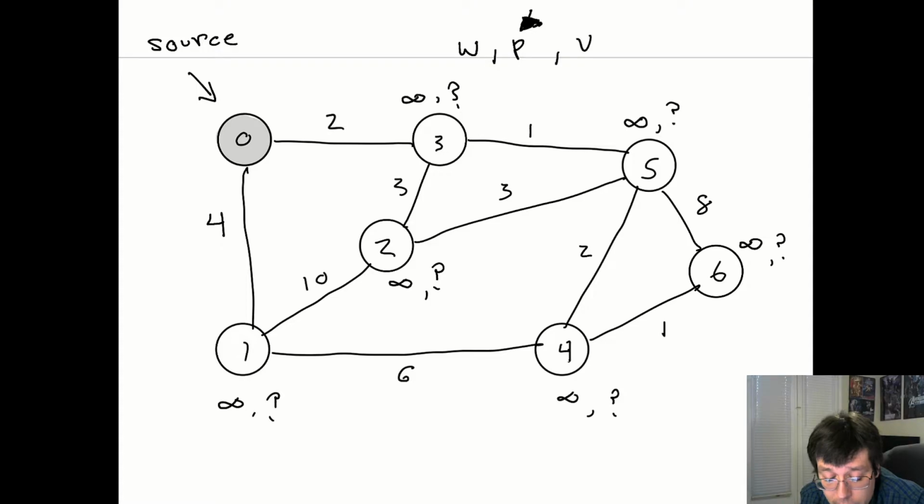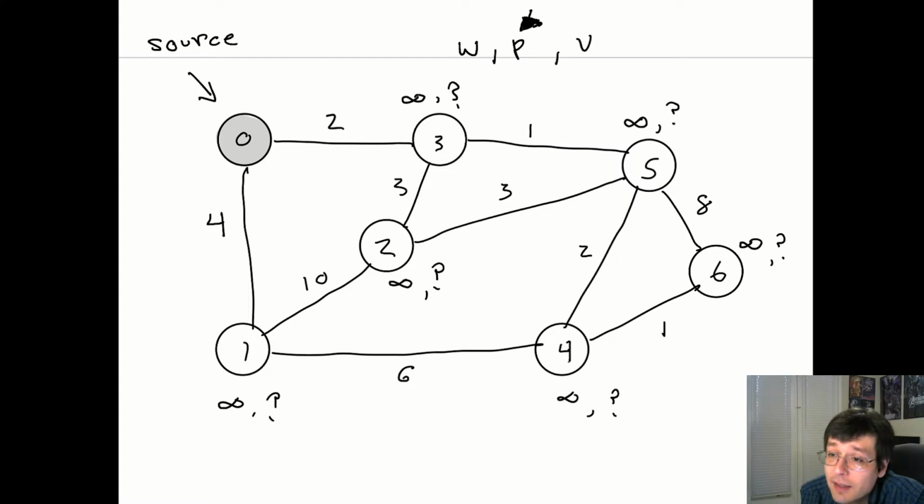So as we look at the two edges that are part of 0, we see the edge 0 to 3. And so what we're going to do is ask ourselves, okay, compare the current fastest or smallest weight that we have on vertex 3 and see if the edge that's coming out plus any addition to those, which will make sense in a little bit, is smaller than what we have. So essentially we're comparing 2 and infinity. Which number is smaller? Well, 2 is definitely smaller than infinity.